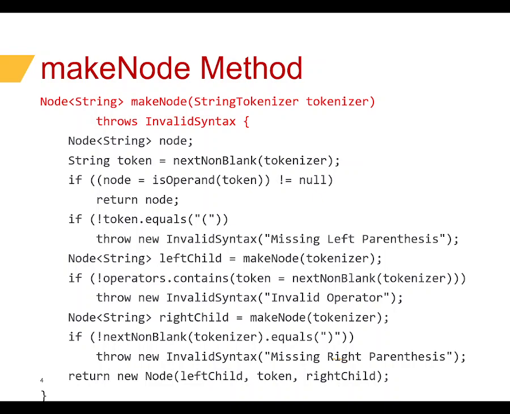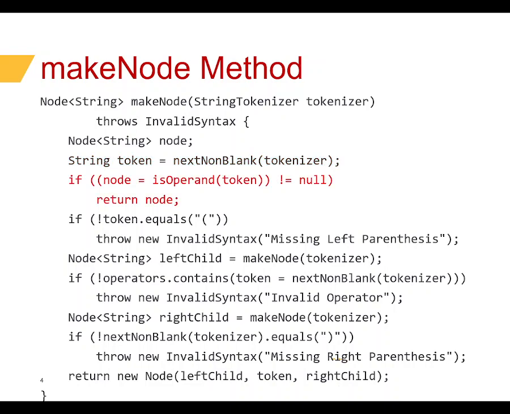If the expression is not syntactically correct, it throws the invalid syntax exception. The string tokenizer object has the four operators, two parentheses, and a space as the delimiters. Because spaces are the one delimiter that we do not wish to treat as a token, we provided the next non-blank method. It returns the next token that is not a space.